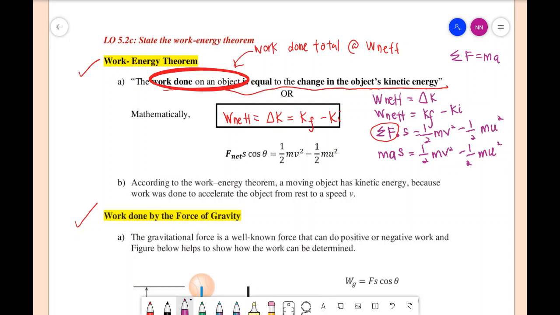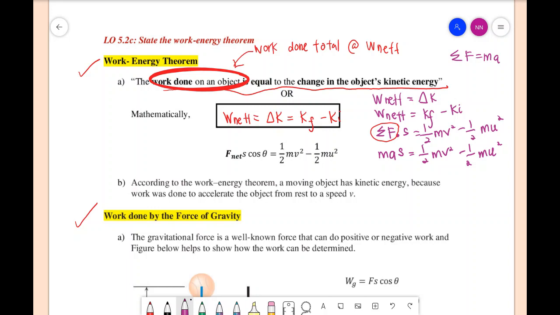We can also proceed with this equation by factorizing m, and then we can cancel the m, and we get the equation v squared equals u squared plus 2as.